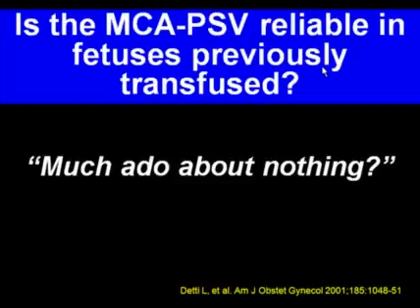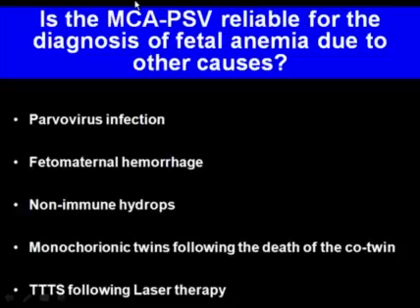Although I think that today the most important concept is that the middle cerebral artery peak systolic velocity is important to diagnose anemia at the beginning, because after that, in a certain way, it's easy to manage an anemic fetus that has been transfused.